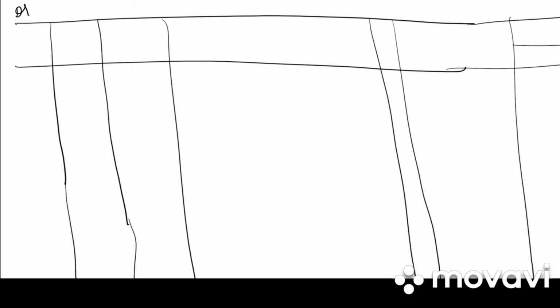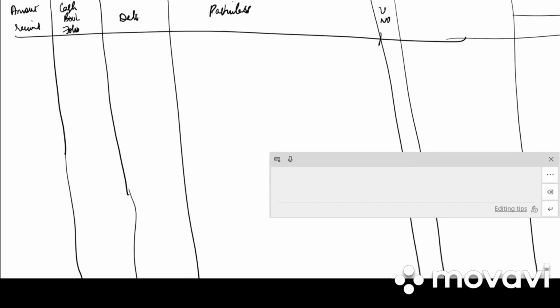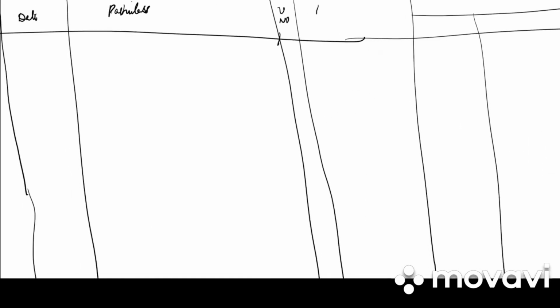So we have debit side, credit side, amount received, cash book folio, date, particulars, voucher number, total payments.